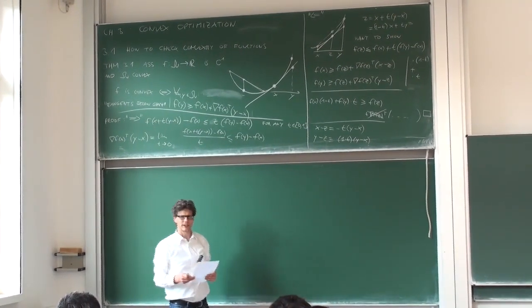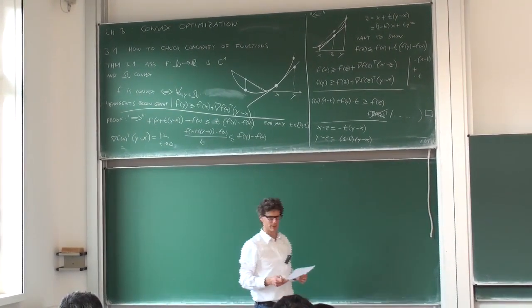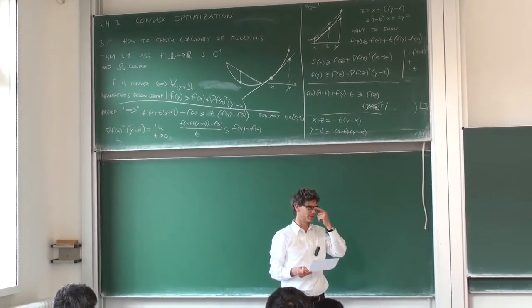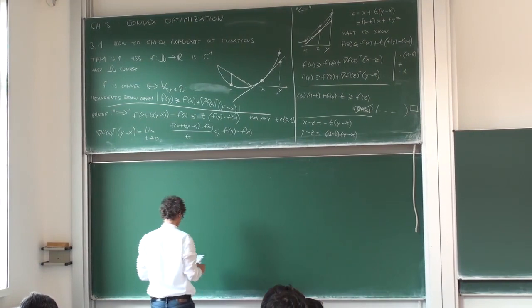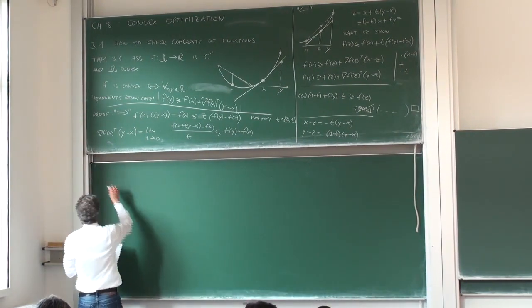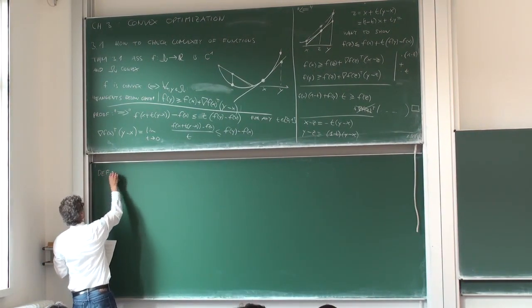I think I mentioned already the notation that I use quite a lot in this course, namely the one of generalized inequalities. So whenever we have a symmetric matrix, I just wanted to be sure that we have it.